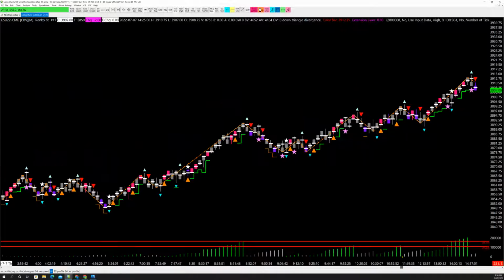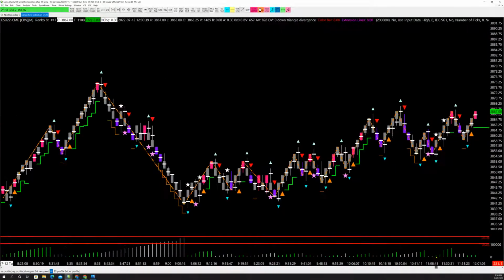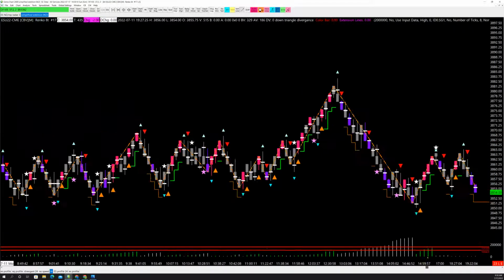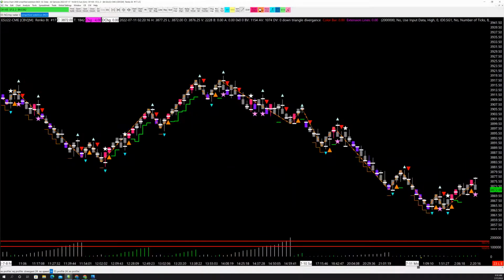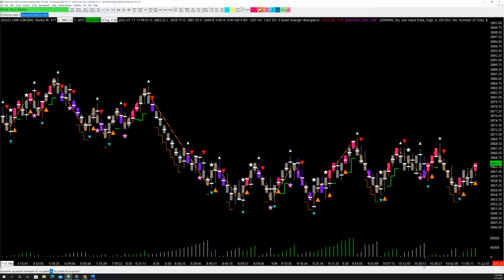Where are we at? I've jumped too many Mondays back. I believe the 12th, Monday the 11th. Let's just go through the chart and see what we get. Again, we're just going to focus on this one particular setup: purple bar, point of control back above.